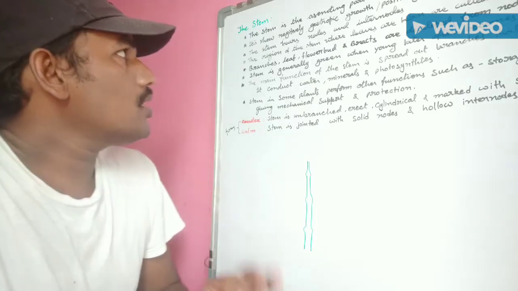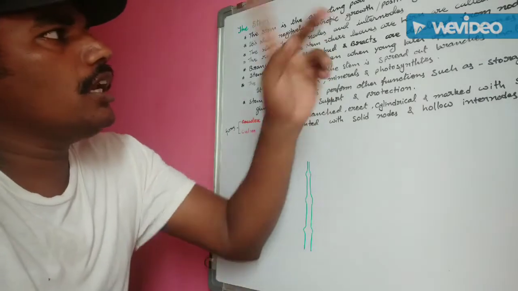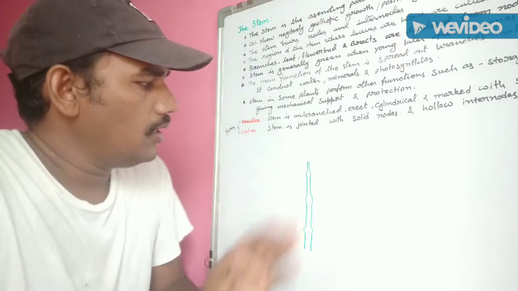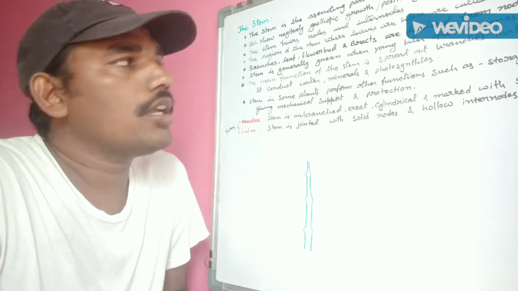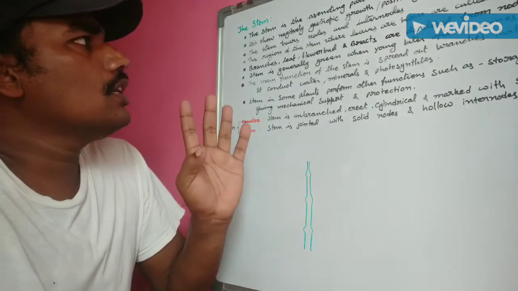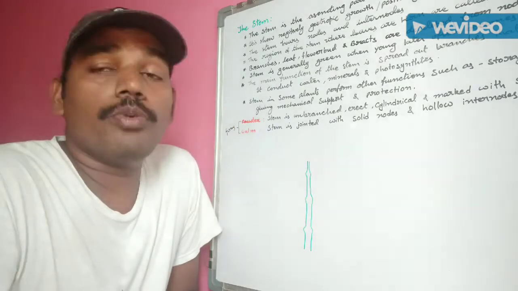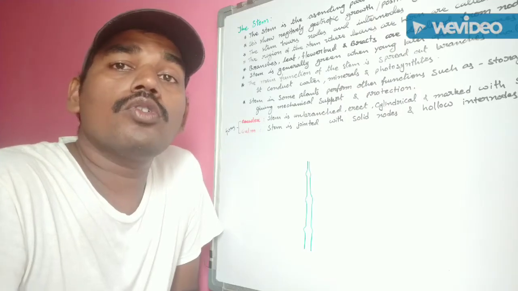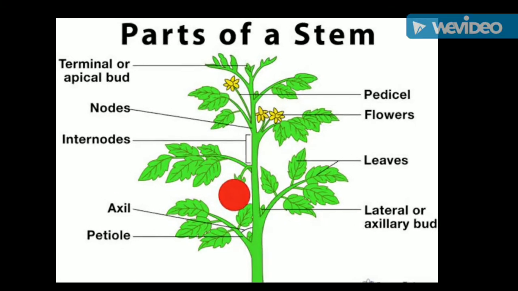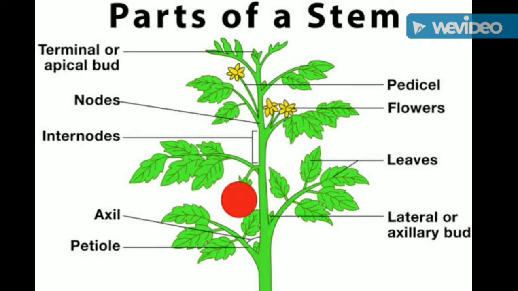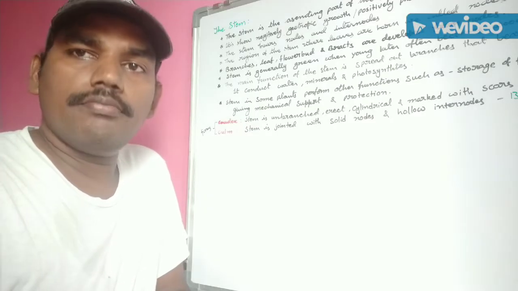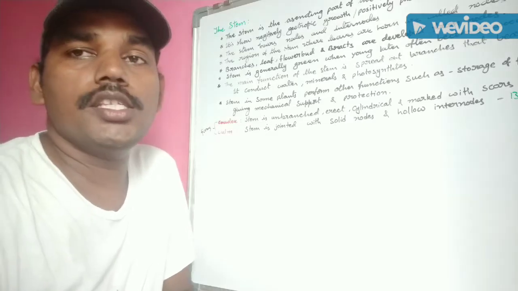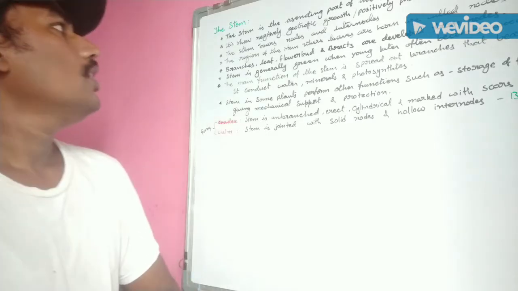Basically, the stem is the ascending part of the plant axis. Understand? Next, it shows negatively geotropic growth and positively phototropic growth. Okay, let us discuss the ascending part of the plant. That one is the stem.